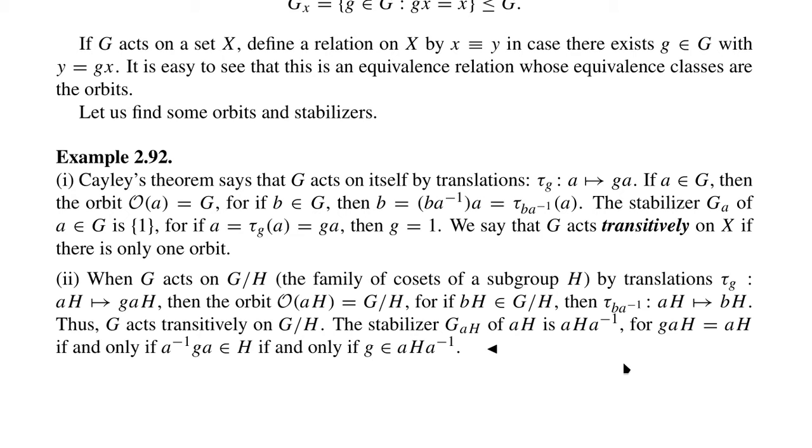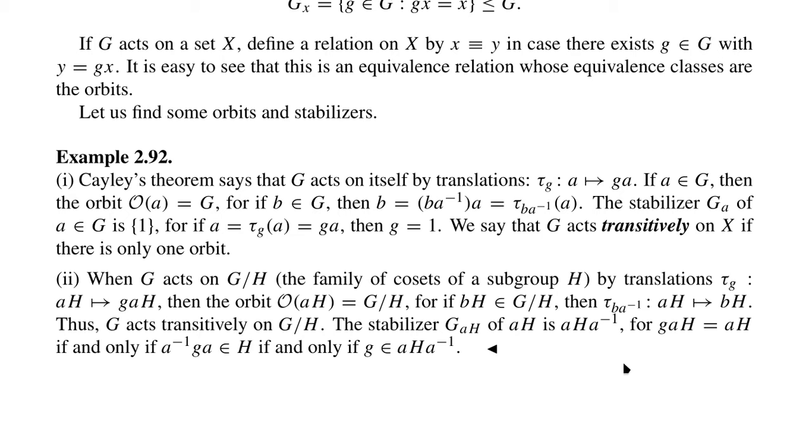So the stabilizer G sub a, the stabilizer of a, is going to be all the elements g that map a to ga, right? And there are none. Thus, you are left with only the identity, right?